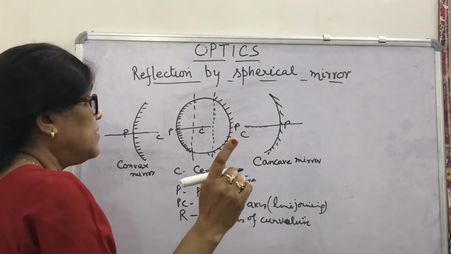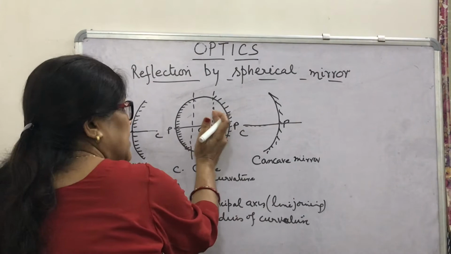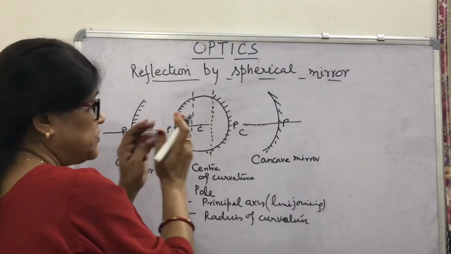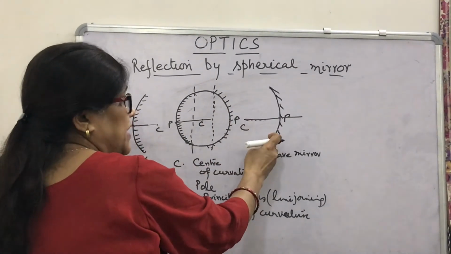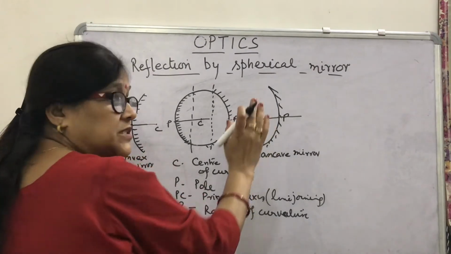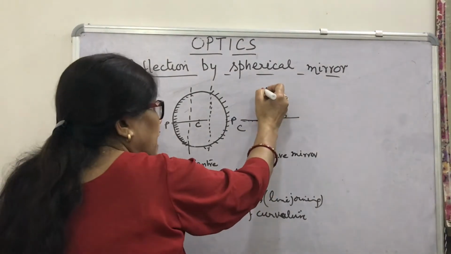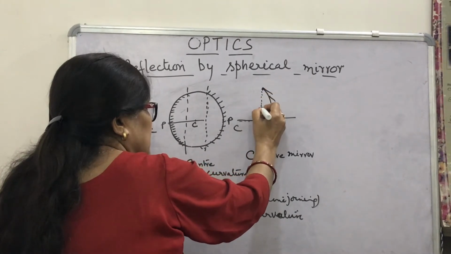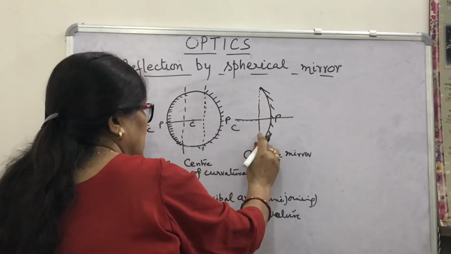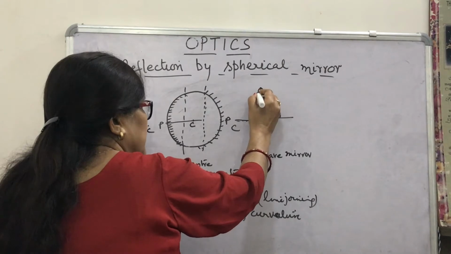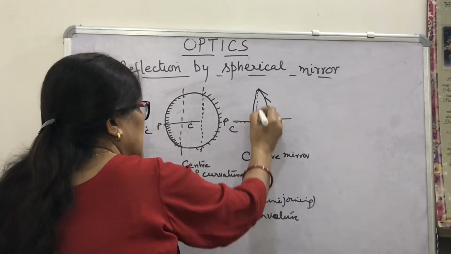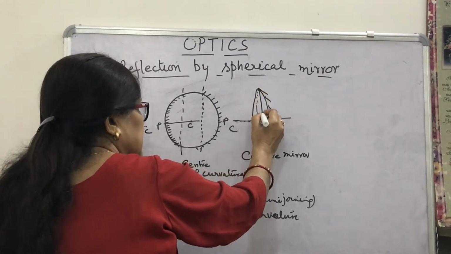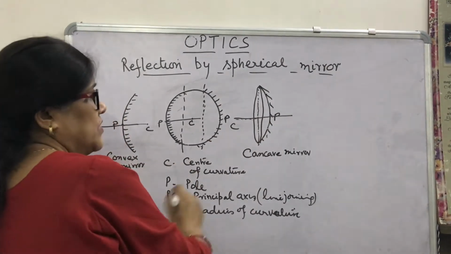What do you mean by aperture? Suppose you cut this from the sphere, and I am showing it here in 2D, it is not a line, it is a spherical part, and you will have this one. This one will be the reflecting surface for the concave mirror.